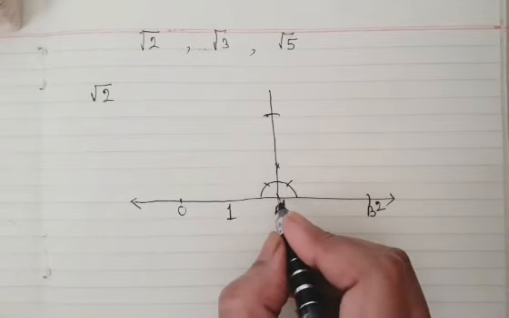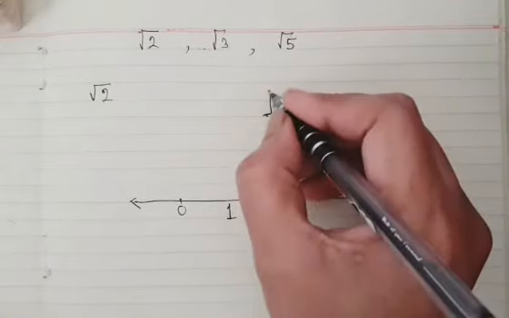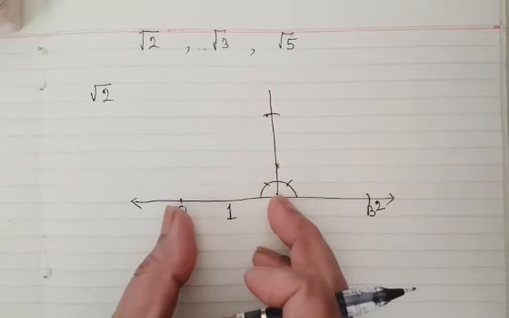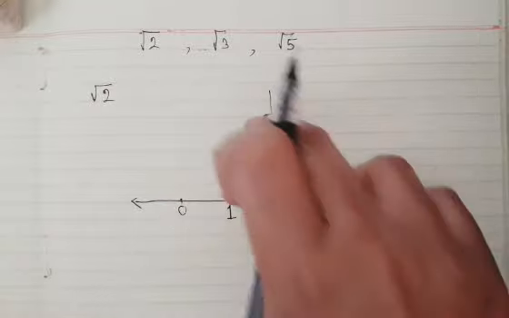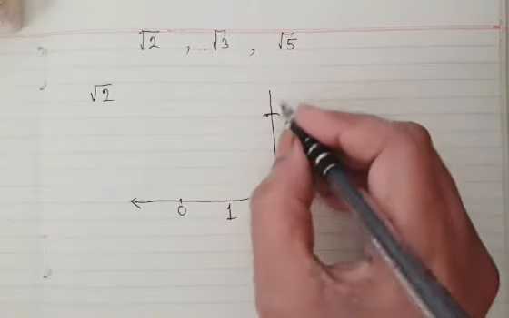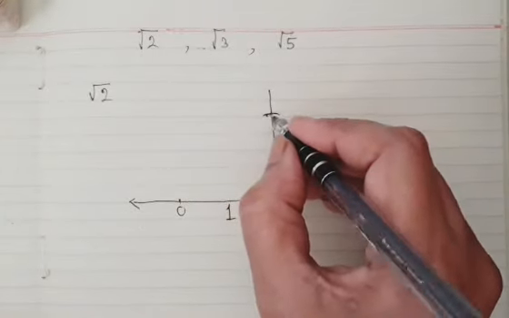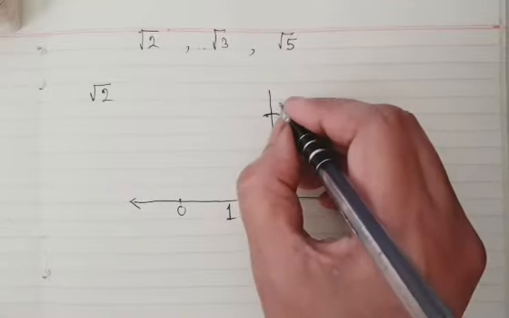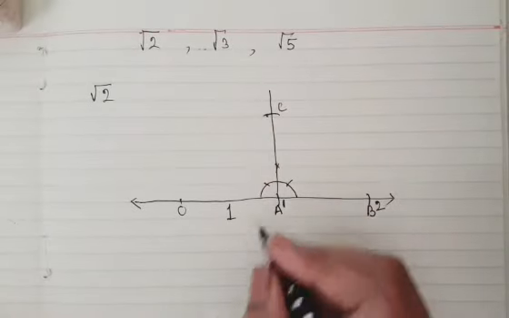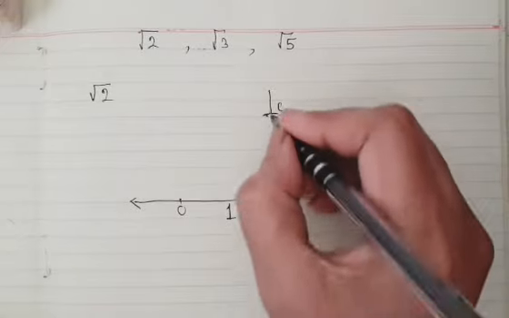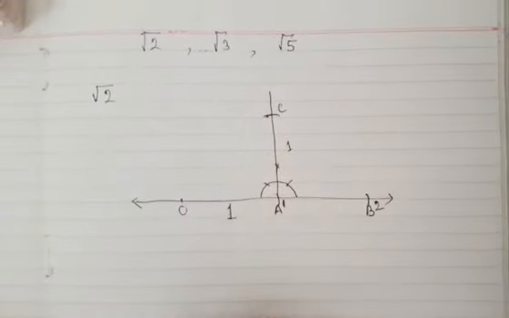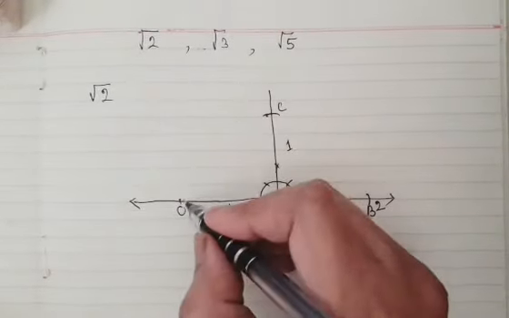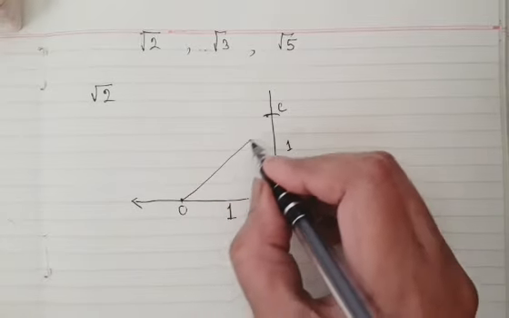Taking A as center, from this perpendicular you measure this length with the compass, then you cut the arc. Suppose the intersecting point of the arc is point C. And here AC is also 1 unit length. After that you join O to C.